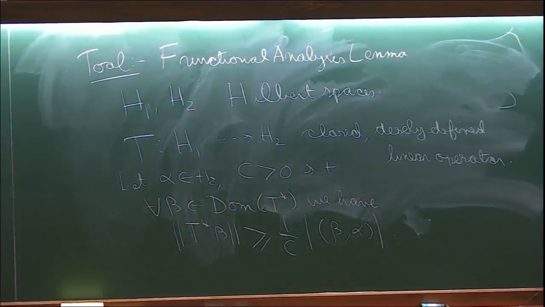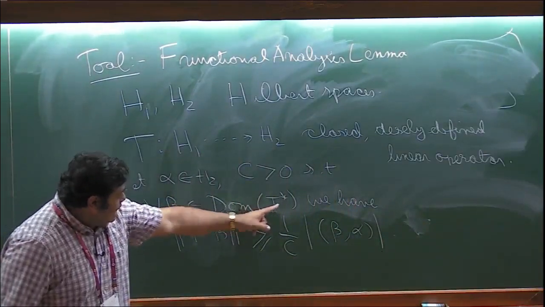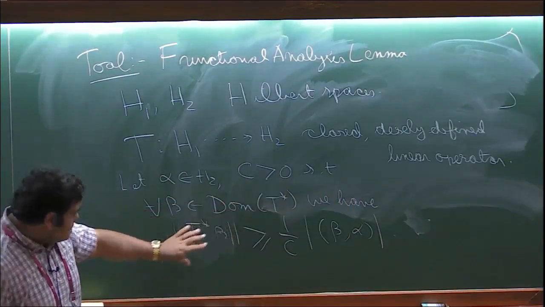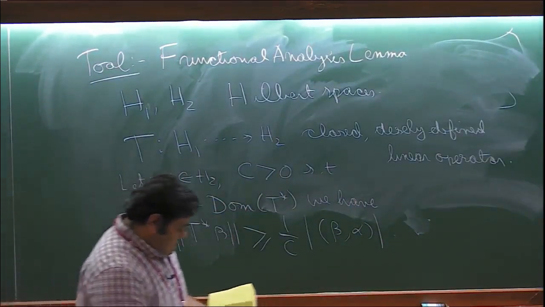Is the statement clear? I have not defined a few things. I have not said what is the adjoint and what the domain means. It's some subspace. So the norm of T star beta is bounded below by this quantity.